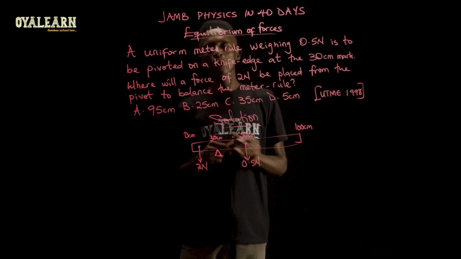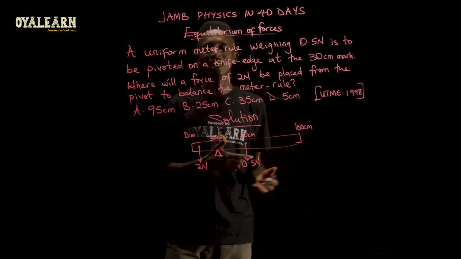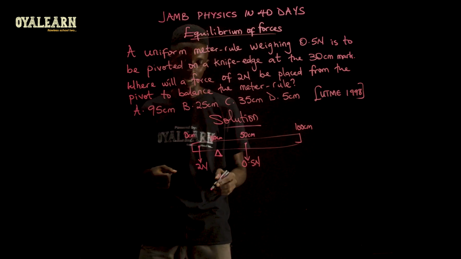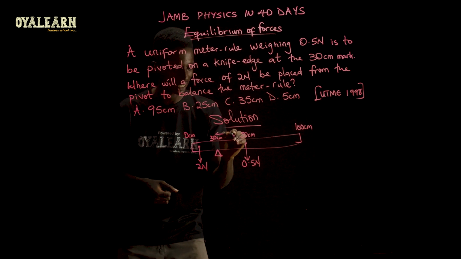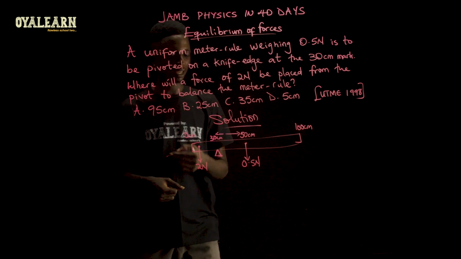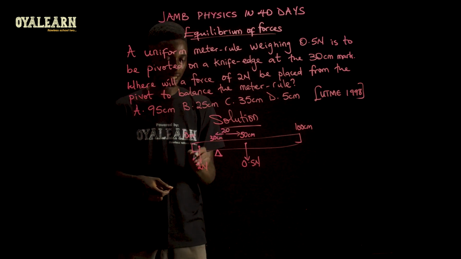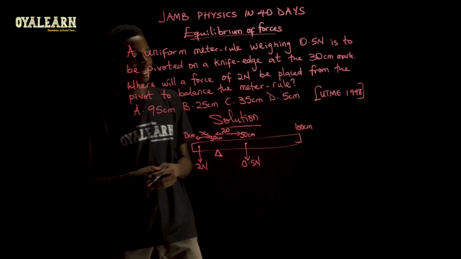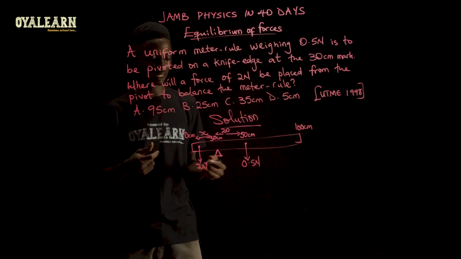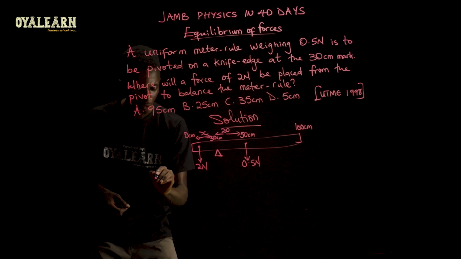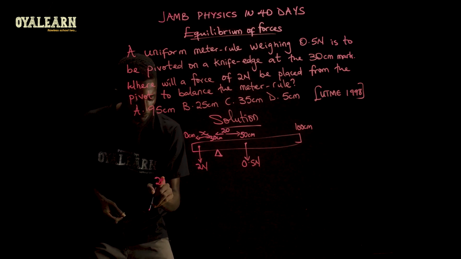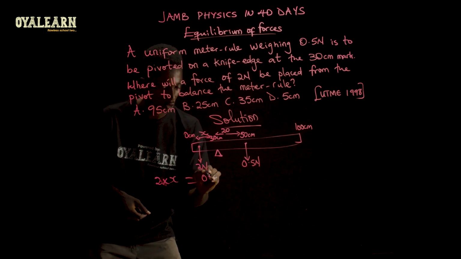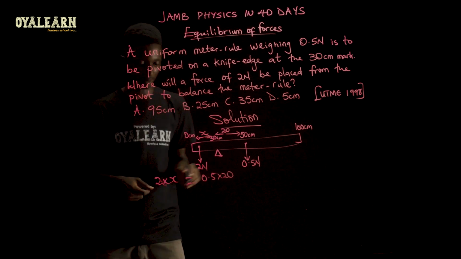Now, one of the conditions we have to apply here is the case where we have the clockwise moment and the anti-clockwise moment balancing each other out. We can see that the distance here is, when we take 50 minus 30, 20 here. We don't know this other distance, so let's call it x. Applying the clockwise and anti-clockwise moments equal to each other, we will then have 2 times x equals, on the other side, 0.5 times 20, right?